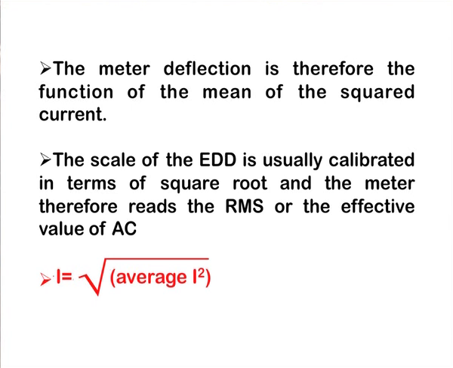So, right now the pointer is showing the square of the current value which is averaged at a position, and this averaging has been done because of the inertia of the coil. So, we can say that the pointer is reading the average square value.